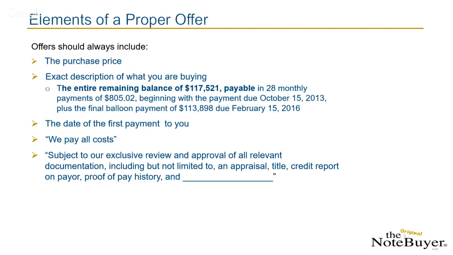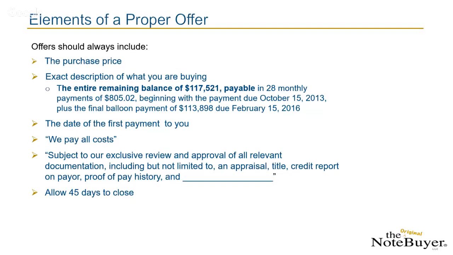For example, recently I had to include proper recording of the land contract because I was quoting on a land contract that had not yet been recorded. So anything else that is important to you, you want to include in your contingencies.